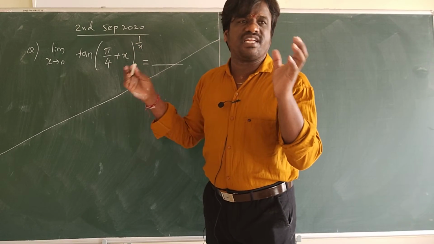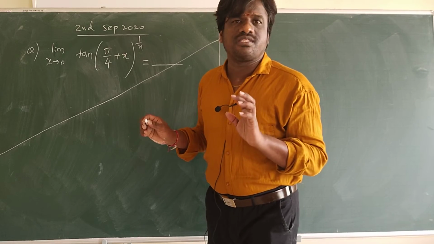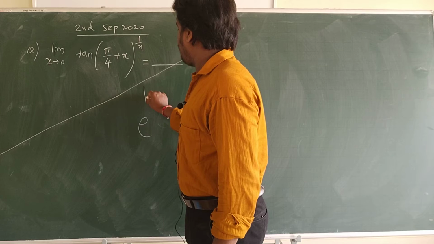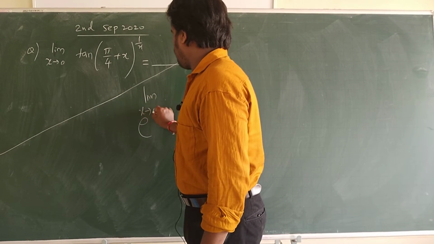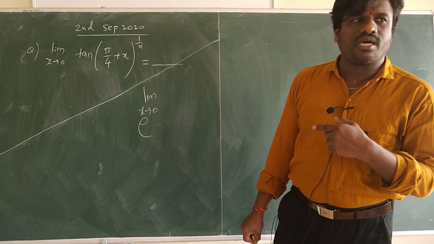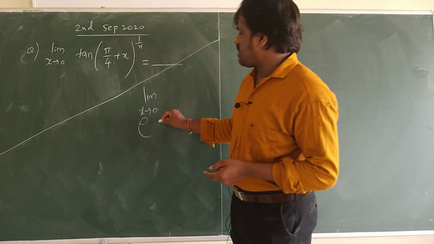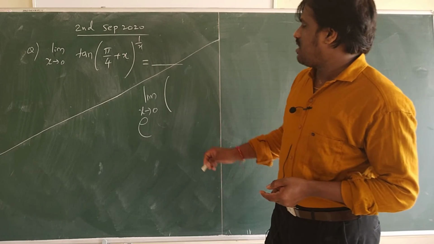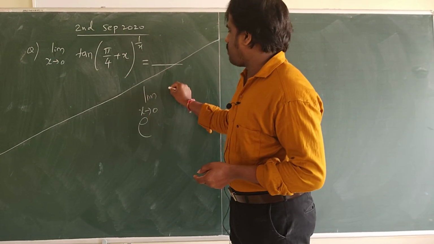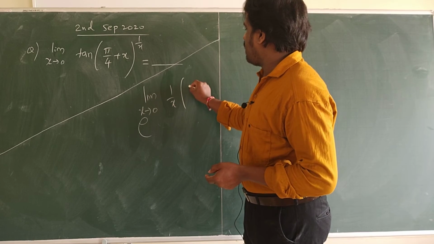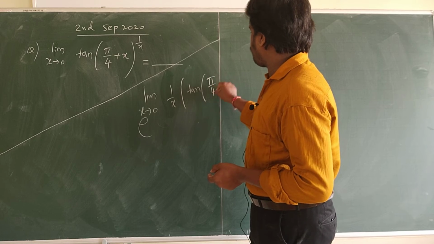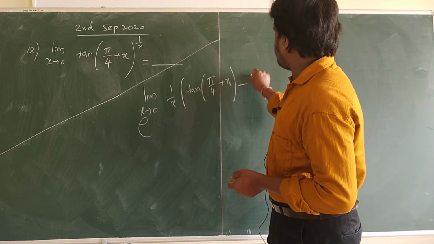Whenever you have 1 power infinity form, how will you solve the problems? I told you, no, the answer will be e to the power of limit x tends to 0. Even in my notes I explained many problems on this, because this is very important. Limit x tends to 0, e to the power of g of x, meaning the power that is on top comes to the front. 1 by x into you will get tan of pi by 4 plus x minus 1.